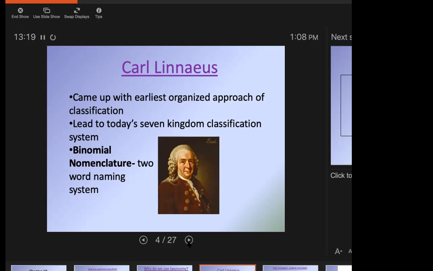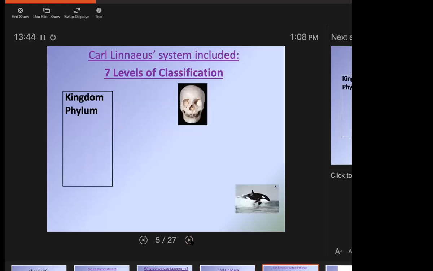For example, humans would be the common name. Our scientific name is Homo sapiens, and now I think it's even Homo sapiens sapiens, like wise man or something like that. You probably know a lot of scientific names already, even though you may not know it. So we'll get to that in a second.